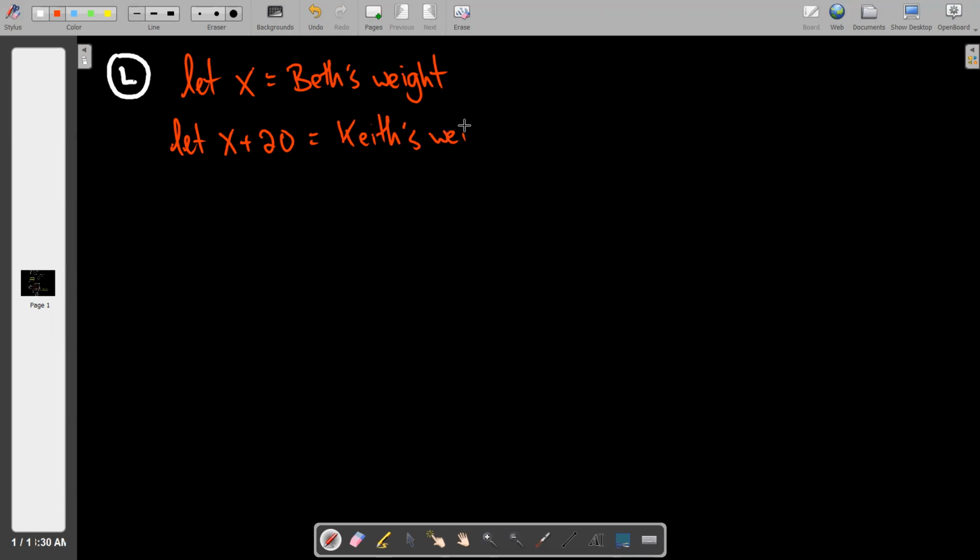Okay. And now we have to define, I guess we're down to Henry, Hank, and Hank is 30 less than twice as much as Beth. So we're going to let something equal Henry's weight. Right.